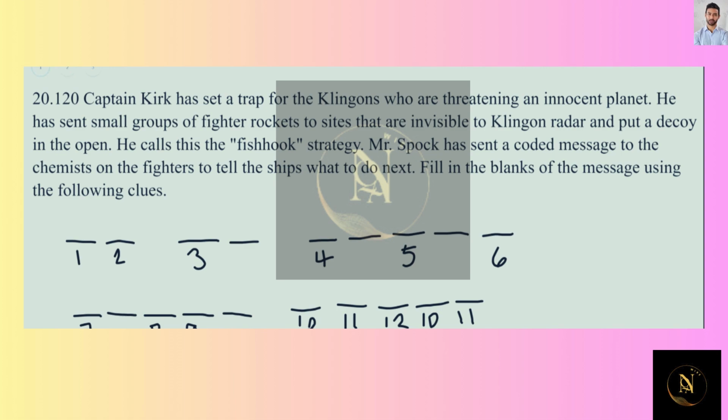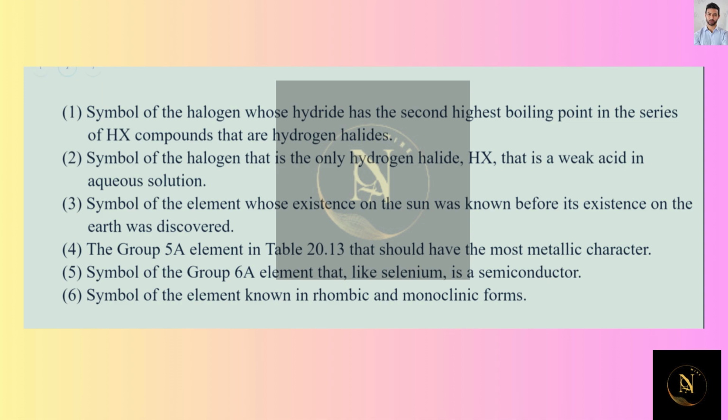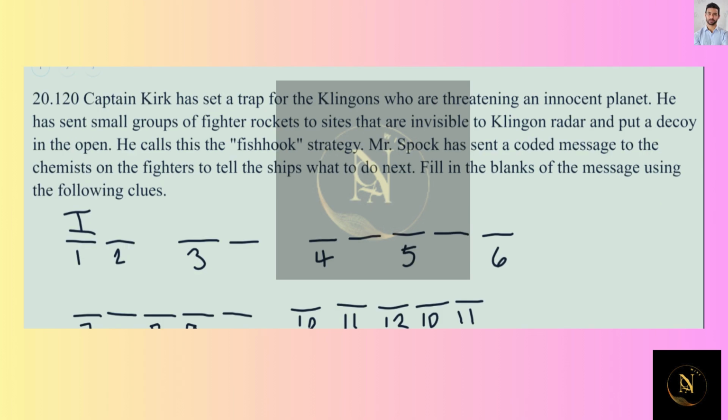So the symbol we're looking for is that for iodine. So our first letter is I. Our second clue is the symbol of the halogen that is the only hydrogen halide, HX, that is a weak acid in aqueous solution. So all of our hydrogen halides are strong acids except for HF, hydrofluoric acid. So our second letter is F, so our first word is if.